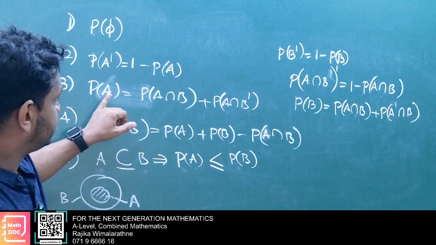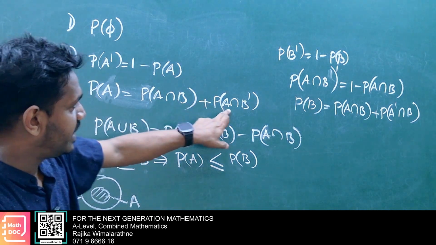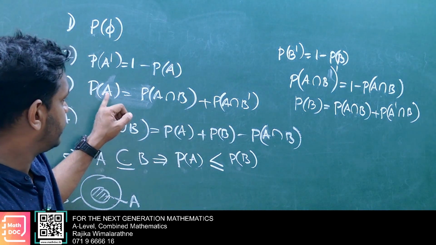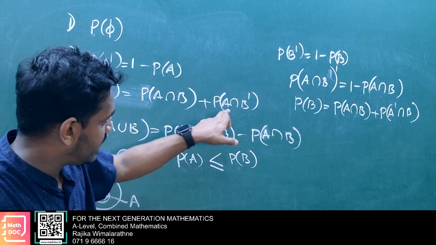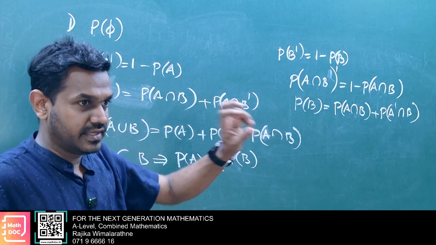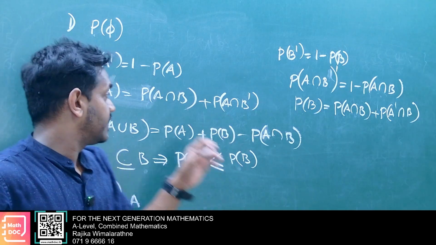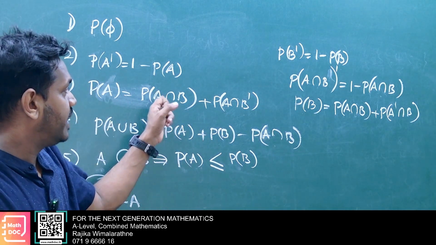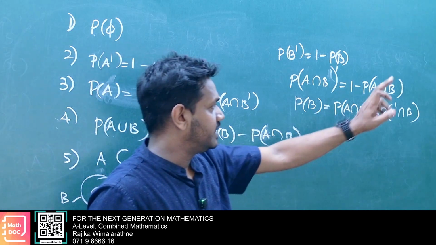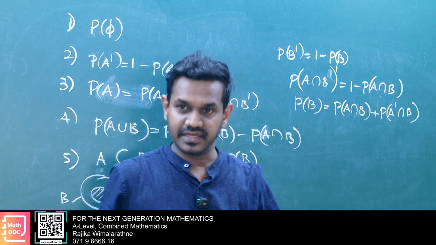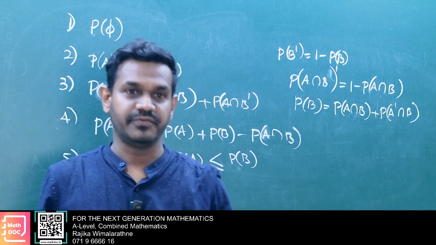If you need to get B, then the dash will change. Then P(A) is A intersection B and A intersection B dash. Then P(B) is A intersection B and A dash intersection B. So on we can further create many formulas.